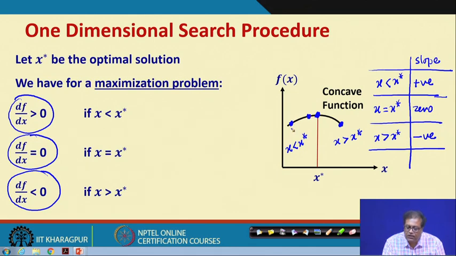Suppose this is our original point A and this is our original point B, then if we see the slope is still positive, then we discard this A and call this new point A. Then again we take the average and suppose we get another point here, so that we call B and we discard the original B.